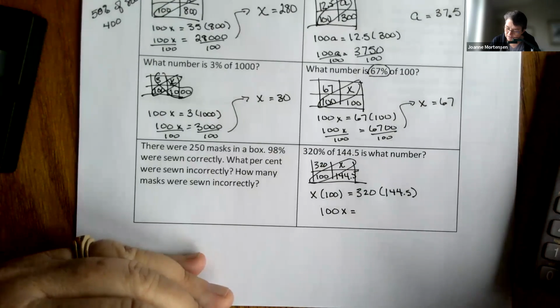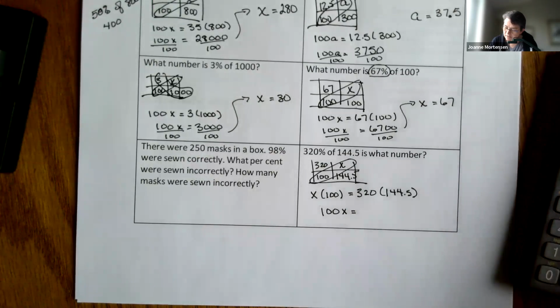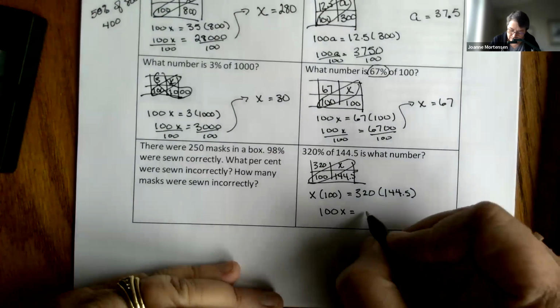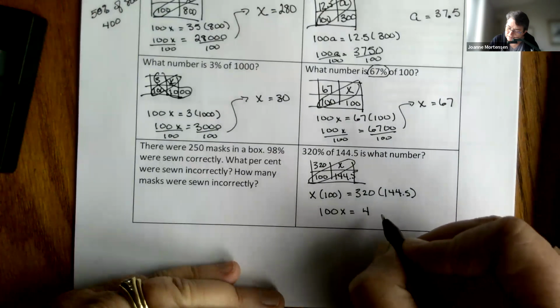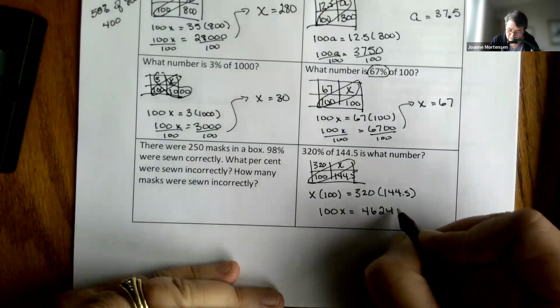Calculator, 320 times 144.5. All right, so that's 46,240.